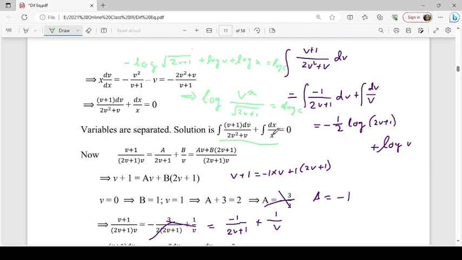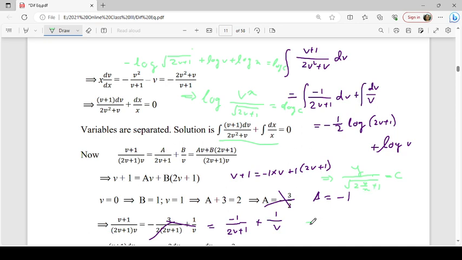So this implies vx, in place of vx we can write y is equal to vx, so it is y, then root over 2 into v is y by x plus 1 is equal to c.